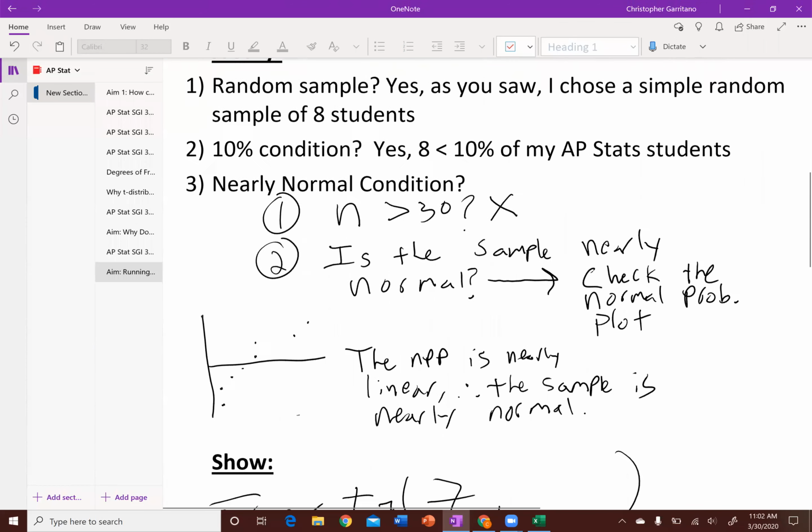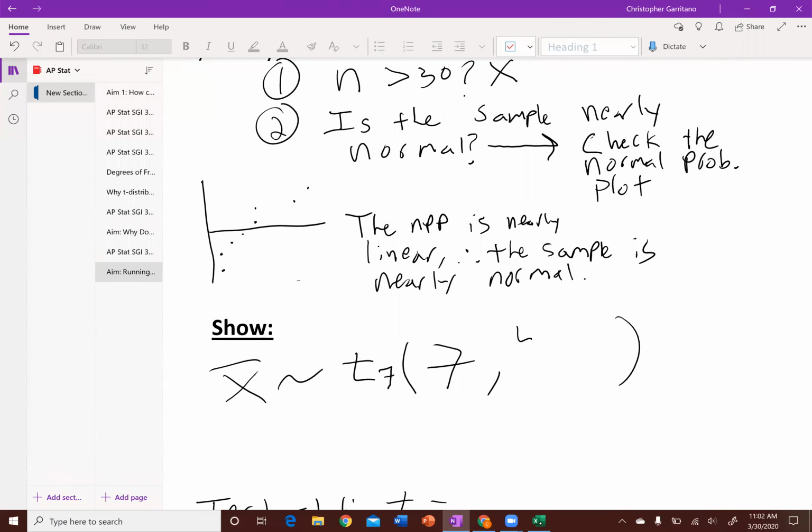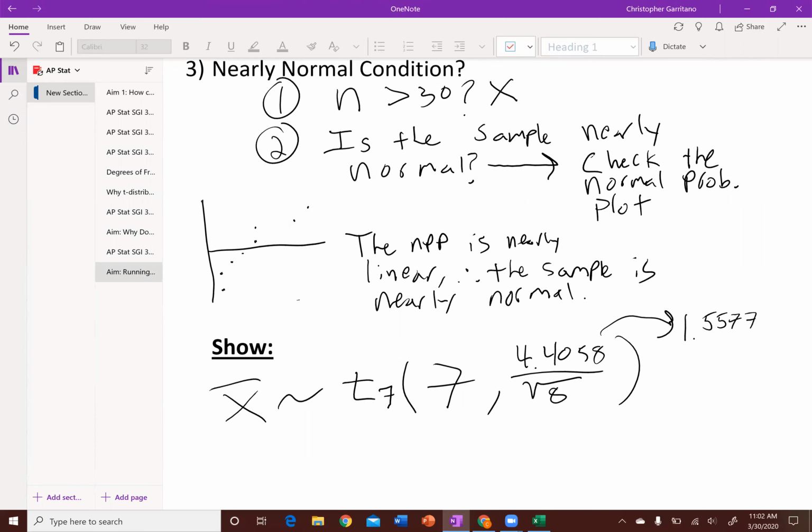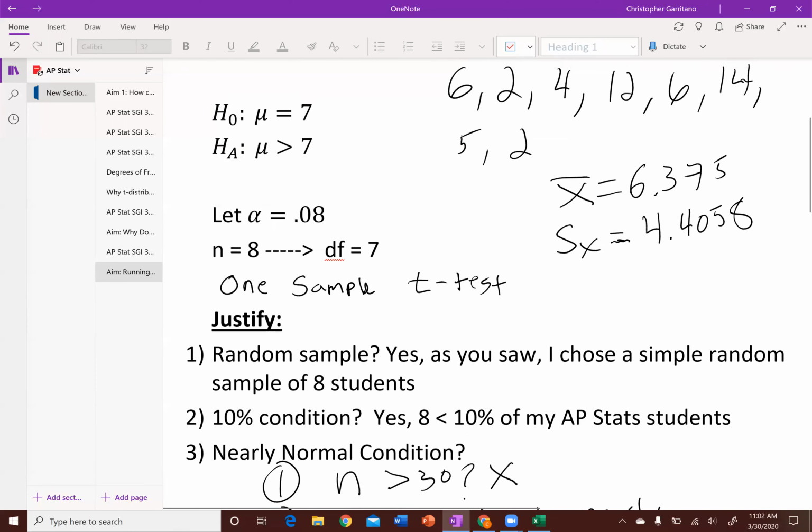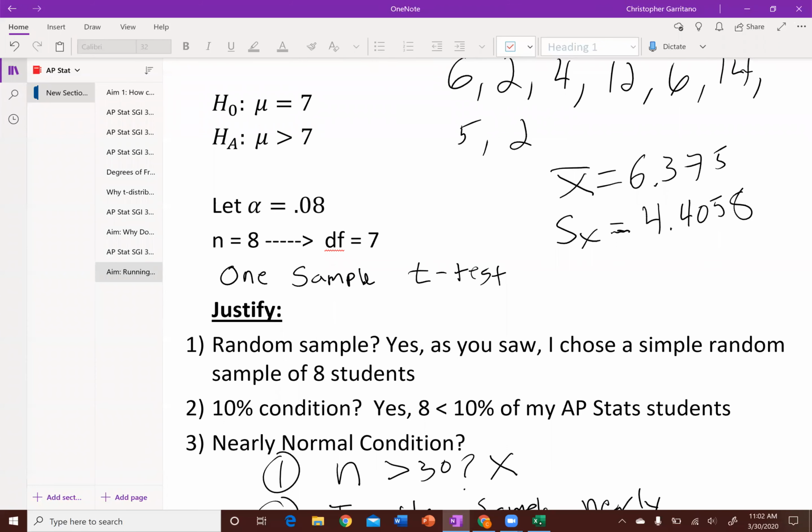So 4.4058 divided by radical 8, which is the sample size. And plugging this into a calculator, I get 1.5577.